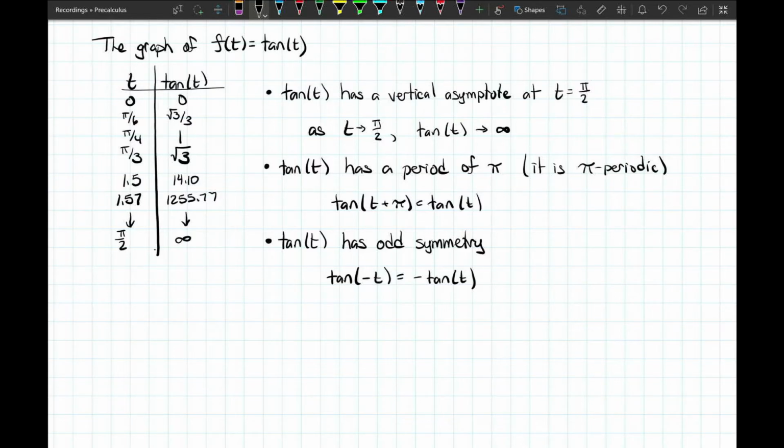We also know that we only need to go around the circle halfway, through quadrant 1 and quadrant 2, before we end up with a repetition. The tangent of t is y over x, and we start off with y being 0 and x equaling 1, and we end up at the end of quadrant 2 with, again, y equaling 0, but this time x equal to -1.